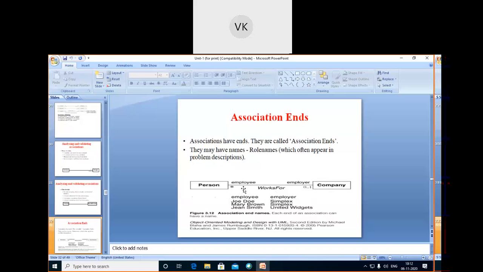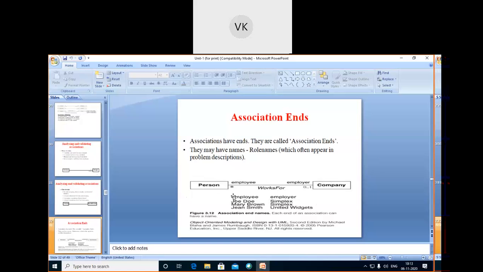And here above the line you see works for: a person works for a company. Works for is the association description. Employee and employer are the association end names. For this person, this company will be the employer, and for this company, this person is the employee.